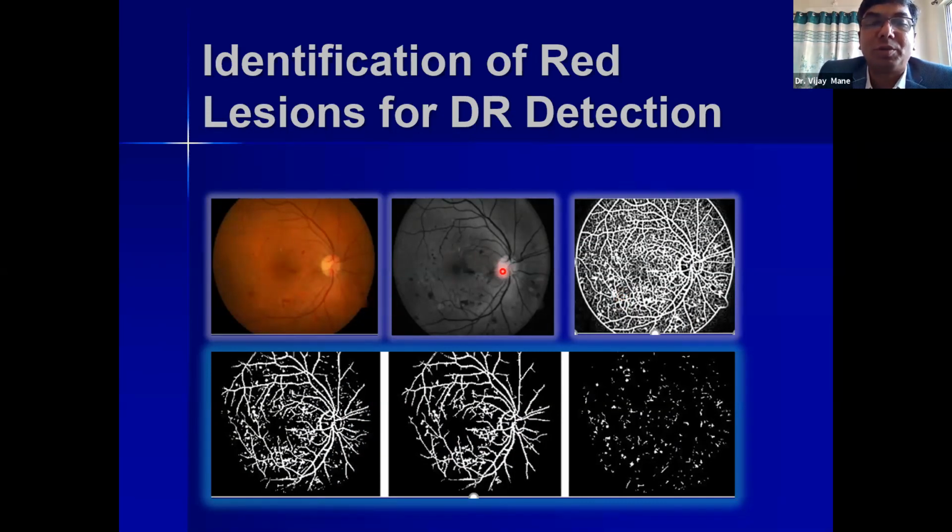Say for example, in this case, I have shown the results and the input image. We have enhanced this input image, and we applied certain algorithms. Here we used the algorithm for extraction of the blood vessels. The blood vessels are extracted from the original image using a connected component analysis and a matched filter approach.